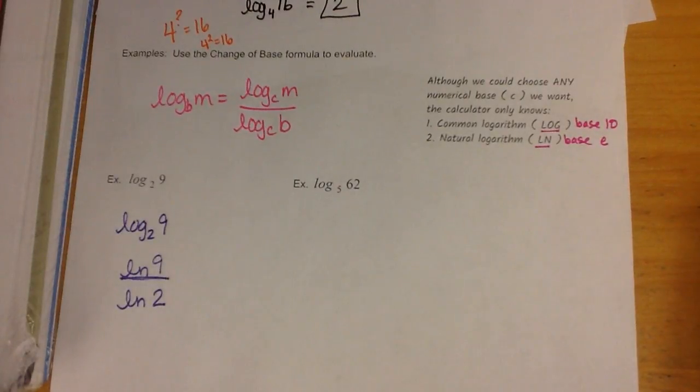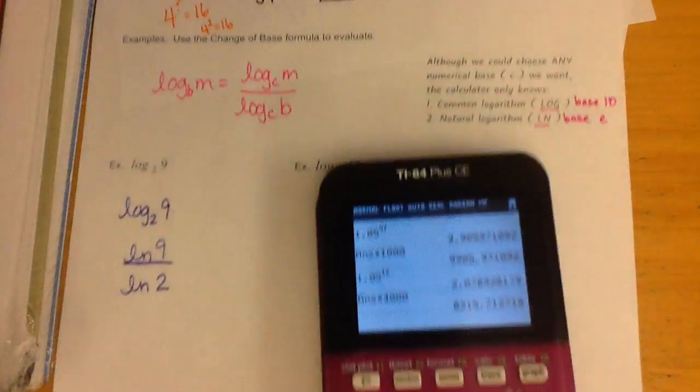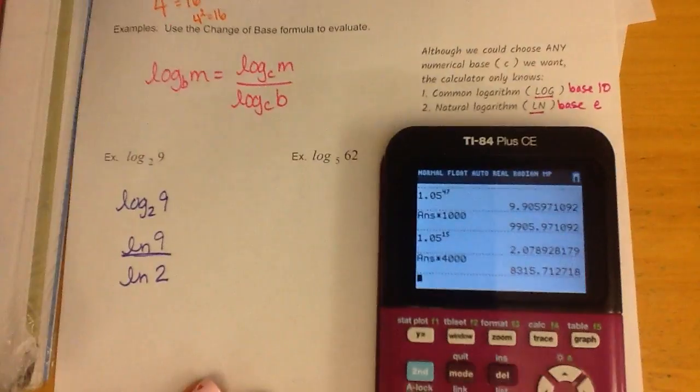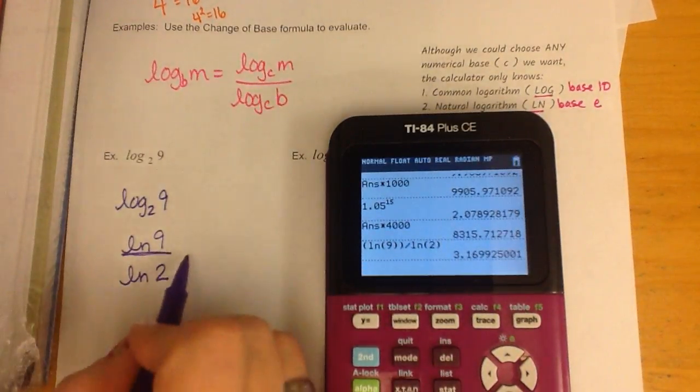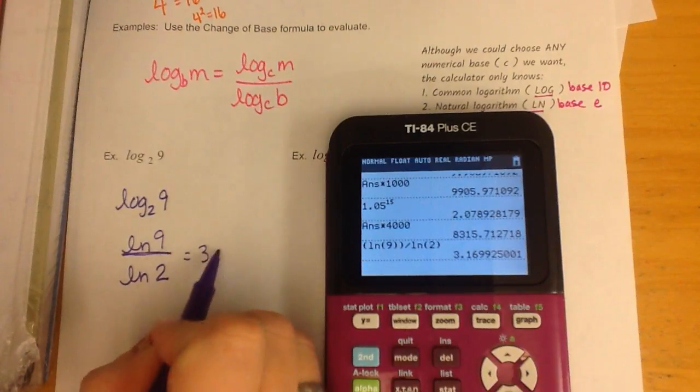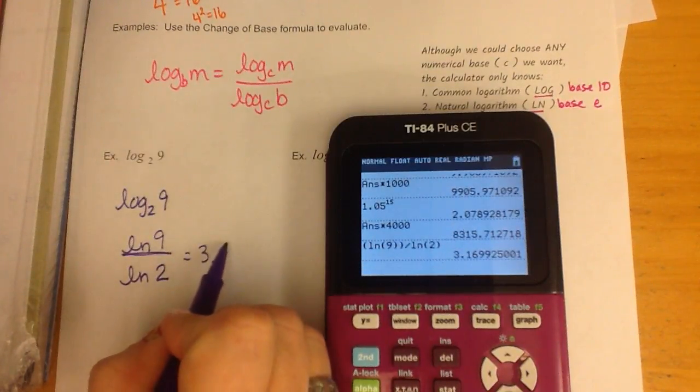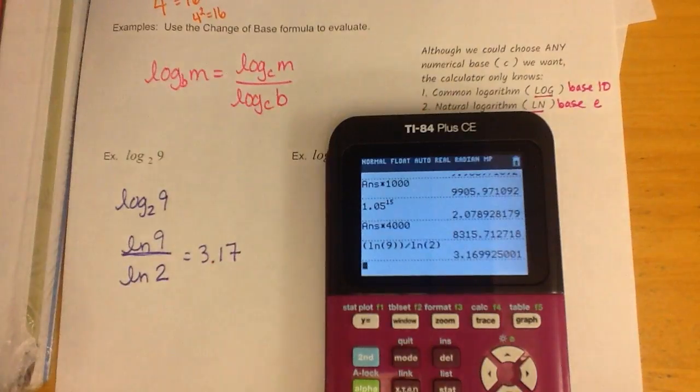And then you just go to your calculator and we type in the natural log of 9 divided by the natural log of 2, enter, and we get a numerical value 3.1, we'll just round to the nearest hundredth, 3.17.